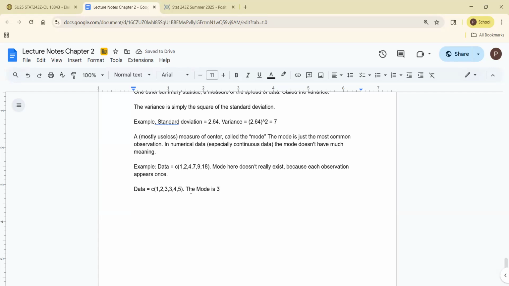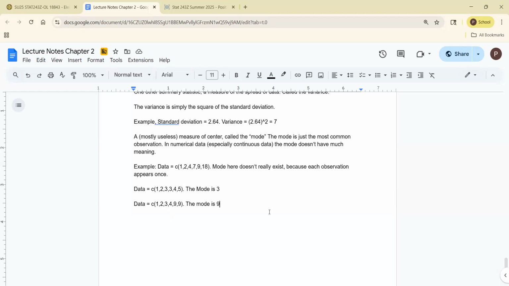In this case, it's central, right? The 3 seems to be roughly between the 1, 2, 3, 4, and 5. But a mode might not be central at all. In this case, where the data is 1, 2, 3, 4, 9, 9, the mode is 9, which is not central.